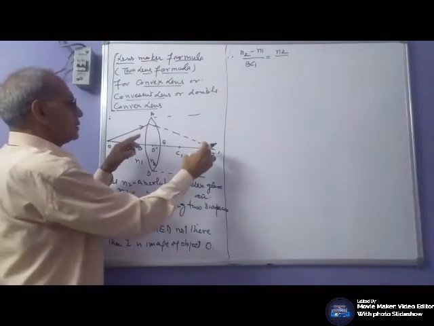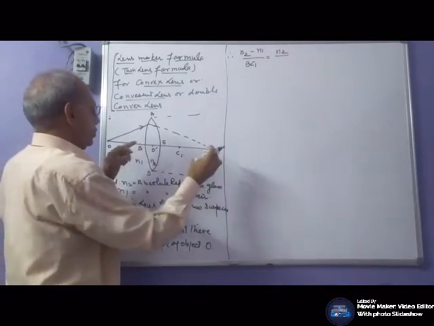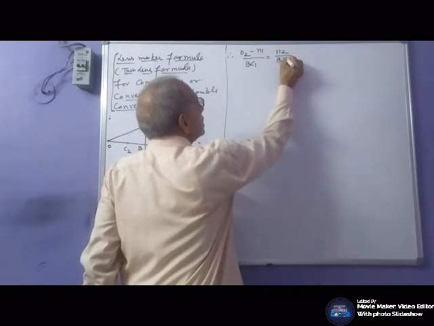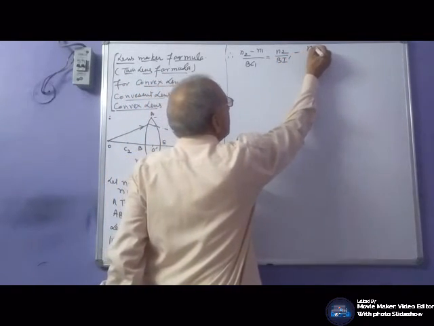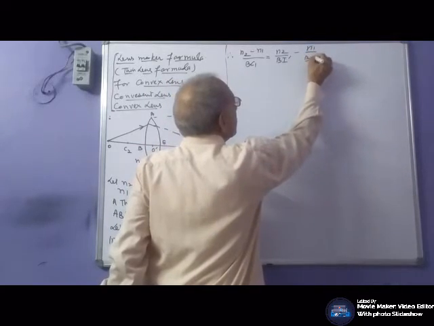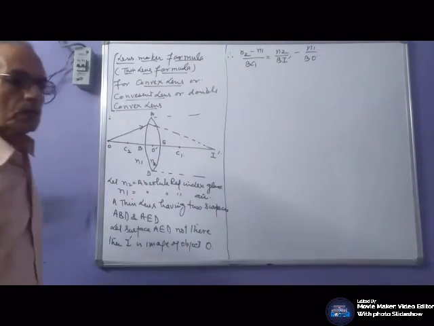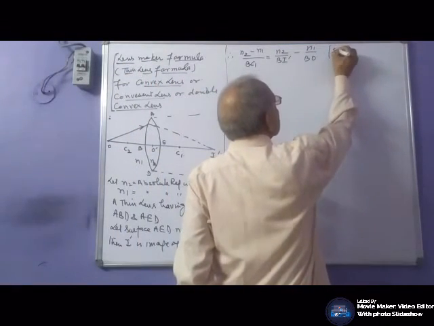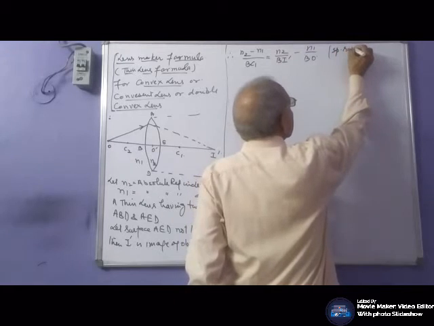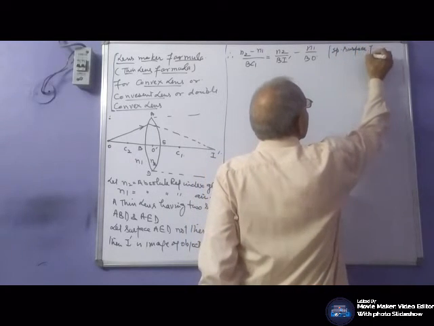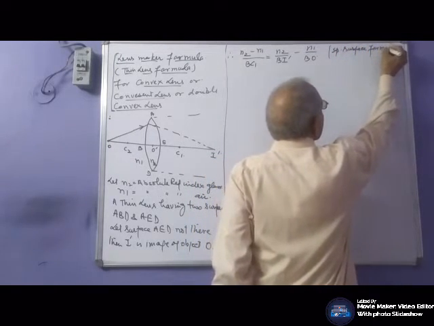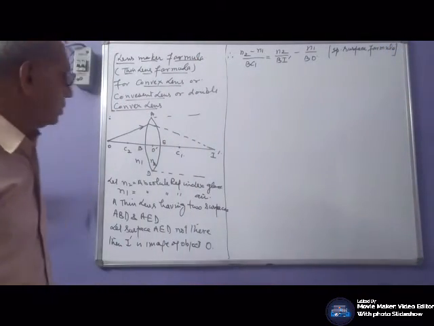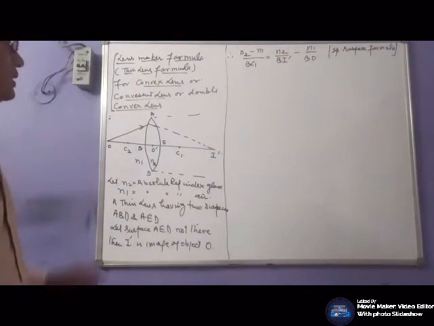V here was the image distance, BI dash, and U is BO. Why? Because this is the spherical surface formula when a ray goes from rare to denser medium.